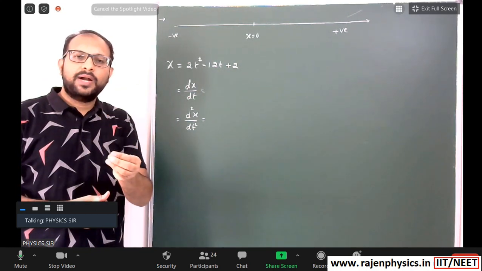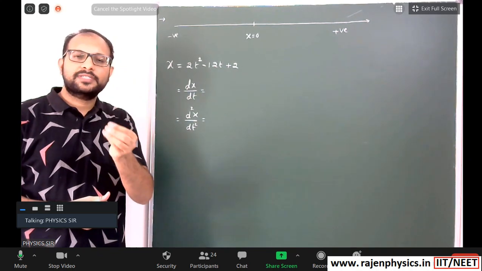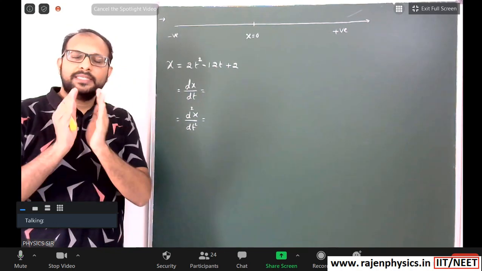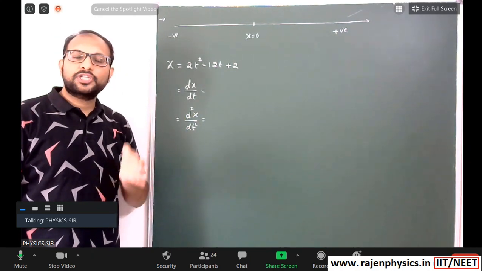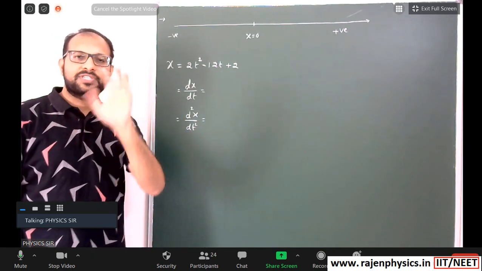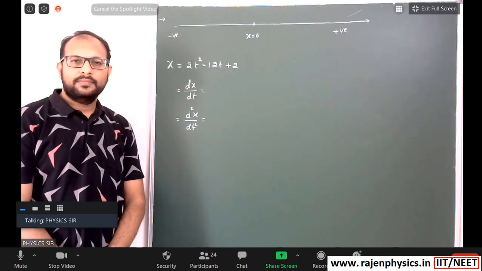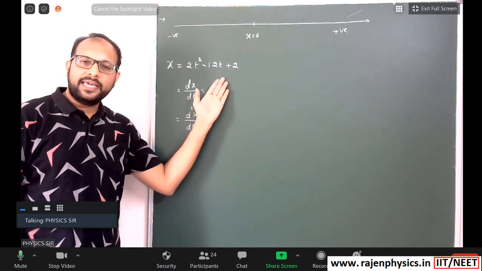Suppose you want to find the position at t equal to 5 seconds. Simply substitute 5 in place of t. Then you will get the position of the particle at the 5th second. That is already given in the problem.